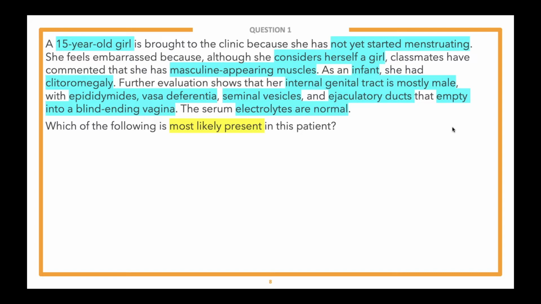So then they're asking what's most likely present in this patient. So I think there's maybe a couple steps going on here that we need to figure out. Probably a 2-step question. One, what is the condition? What is the diagnosis? And then based off that, what would be present from the answer choices? So I think a 2-step question here. So let's go ahead and take a look at those answer choices.